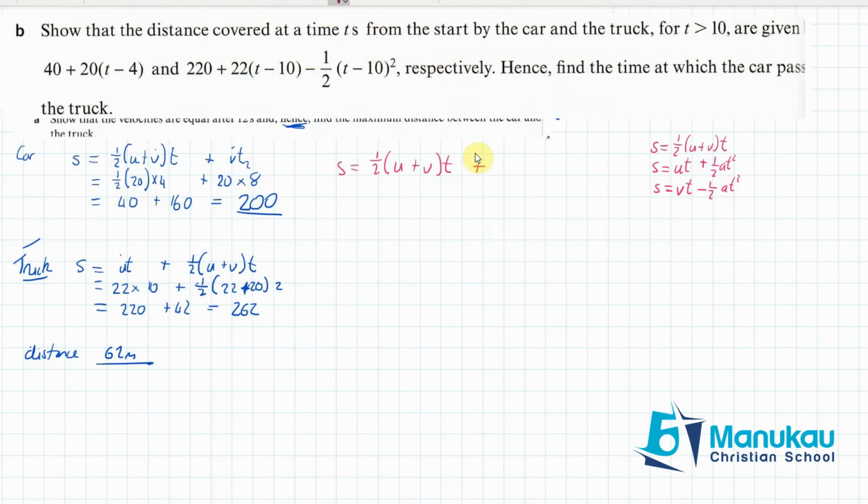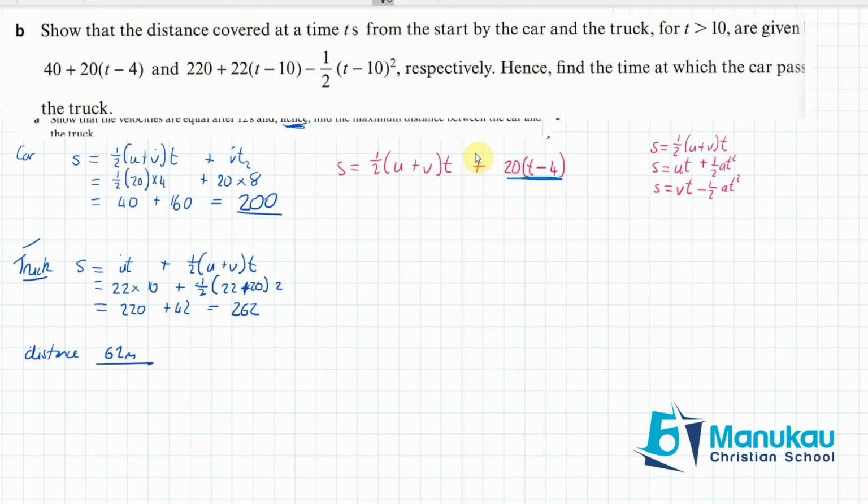Then we know that after those first 4 seconds, we're going to be traveling at a constant speed. We know that's going to be 20, and for how long? Well, it's going to be time minus the first 4 seconds. What we're trying to say here is that this bit doesn't start until you reach 4 seconds, then it starts being counted as part of the distance.